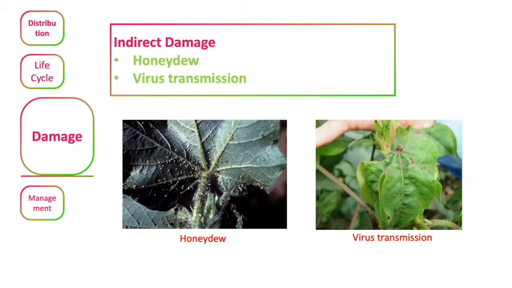In cotton, it transmits cotton curliness virus, cotton blue disease, cotton leaf roll, and purple wilt. On the majority of crops, the ability of aphid to act as a vector of plant viruses can result in significant economic losses.